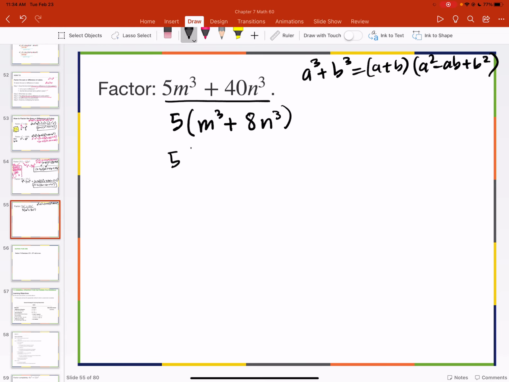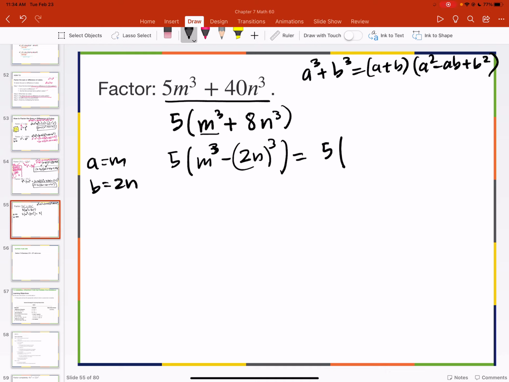So the 5 can stay out. But here, you have m cubed, and then plus 8, the cube root of 8 is 2, cubed, and then n. So a is m, b is 2n. So then plugging it into the formula, you can leave the 5 out, but you do have to include it ultimately because it is part of the expression.